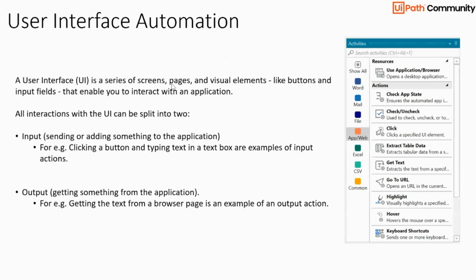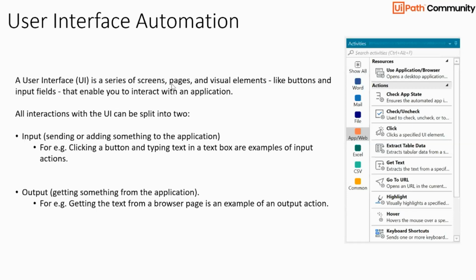First, what is a user interface? It is a series of screens, pages, and visual elements like buttons and input fields. Whenever you interact with an application, you either provide data by typing into fields or perform click operations.